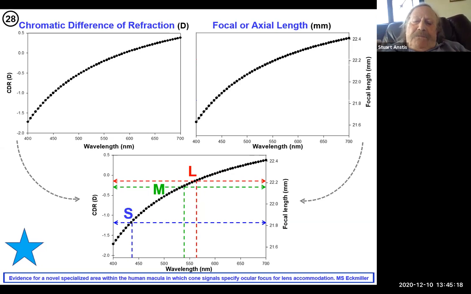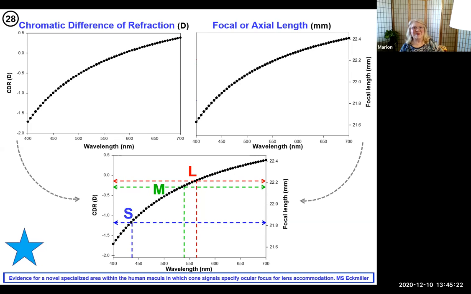So you do predict that monochromatic light would mess up your focusing? Okay. Monochromatic light is going to affect the S, M, and L cones nevertheless, although it's only monochromatic.